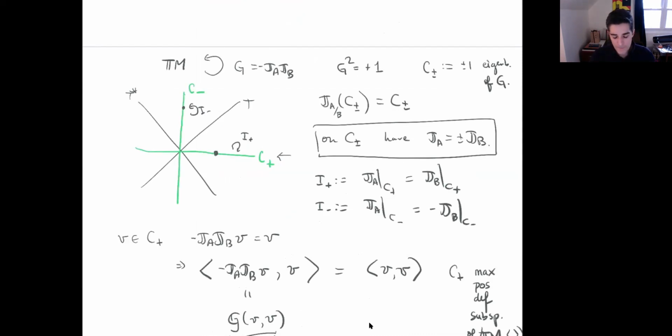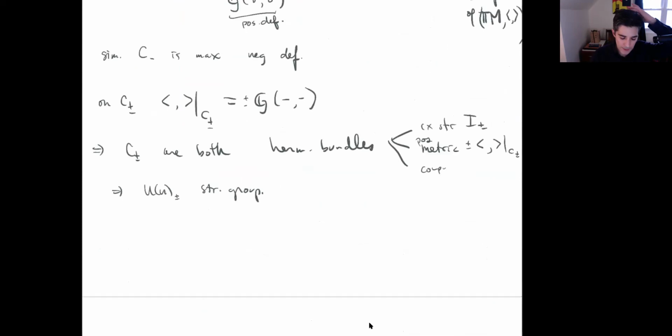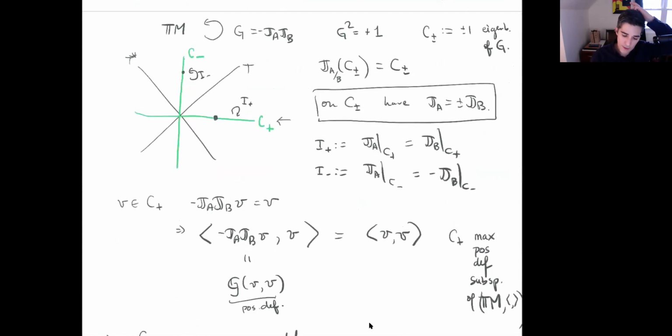Now, the last thing to observe is that this T plus T star has a projection to T M. We can project everything to T. And the cool thing is that because this is negative definite, and because this is null, this projection from C minus to T is an isomorphism.